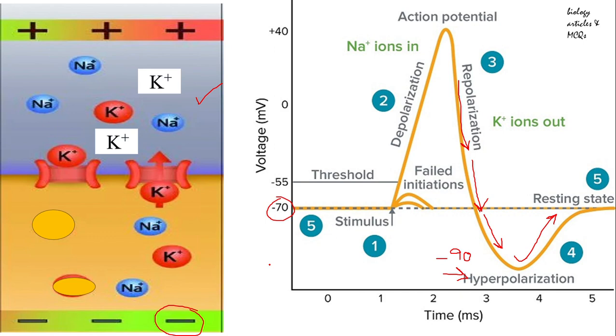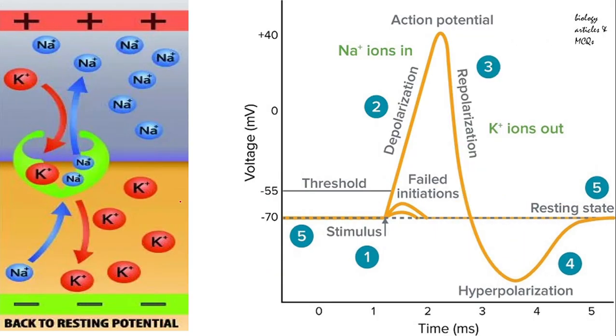How will it move towards the resting membrane potential? I have told you that the potassium ions are in higher concentration outside. So they will automatically move from their high concentration towards their lower concentration, meaning they will start moving inside the membrane.